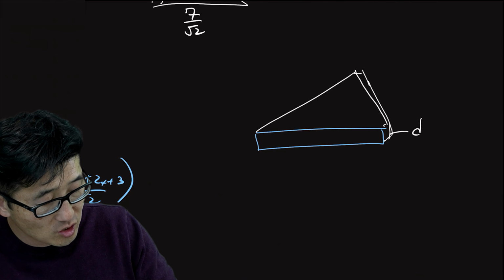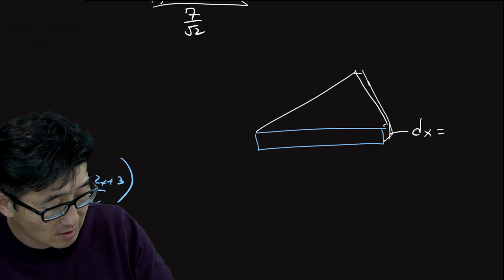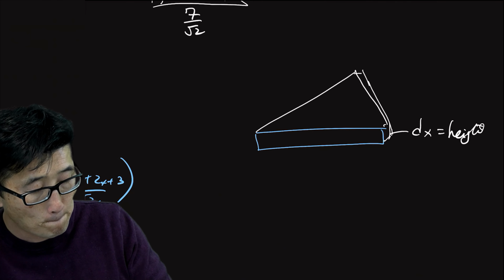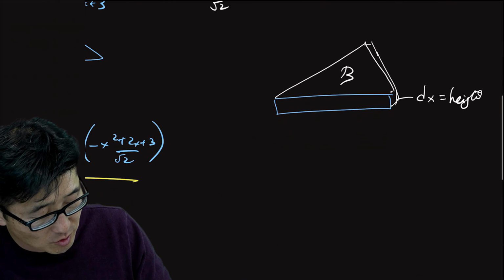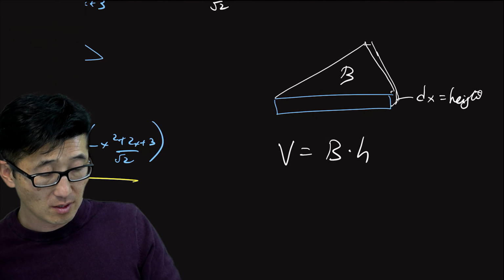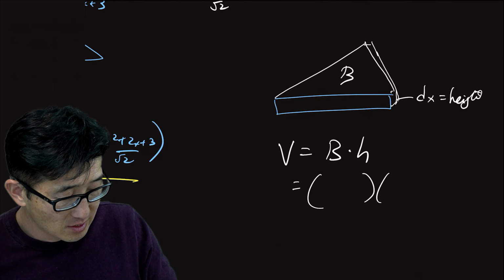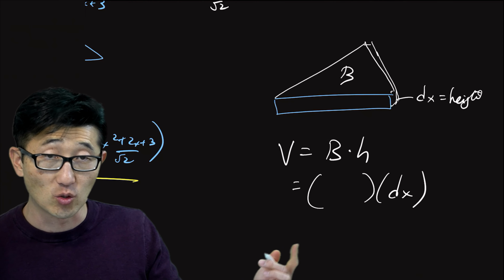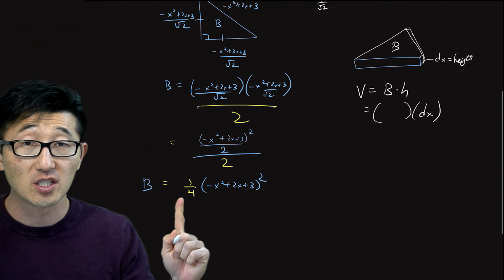This right here is your dx, or your height. The volume of a prism is base times height. So height is dx. The question is, what's my base? Well, we just found it. It's this stuff right over here.